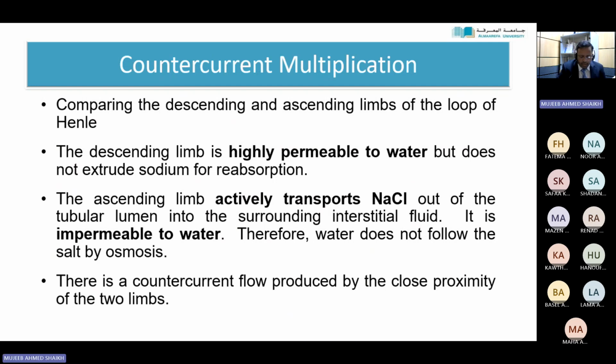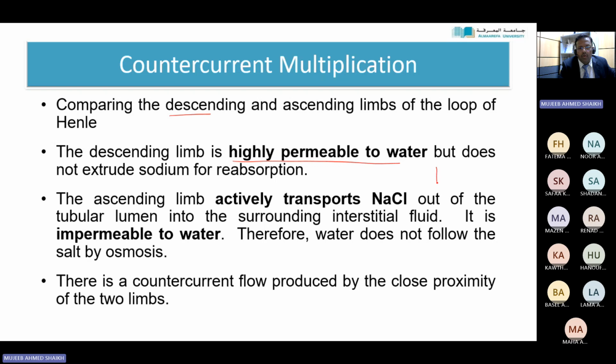Now, if you remember, there is a specific permeability for each ion, as well as for solute and for water, different in different parts of the nephron. Comparing the descending and ascending limb of the loop of Henle, there are different mechanisms for absorption of the fluid as well as solutes. If you remember, the descending limb is highly permeable to water.